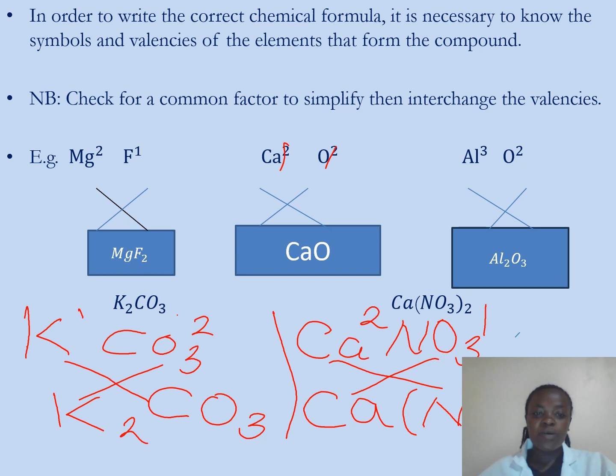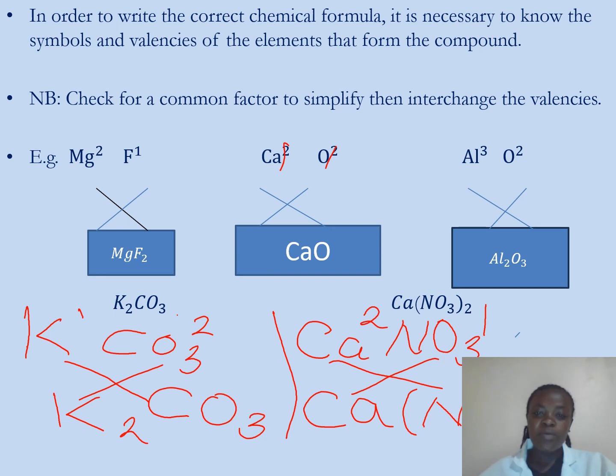The chemical symbol for magnesium is capital M and small g. Its valence is 2, so we write it up there. Then we have that of fluorine. Its chemical symbol is F, and its valence is 1, as indicated up there. We have an NB here.